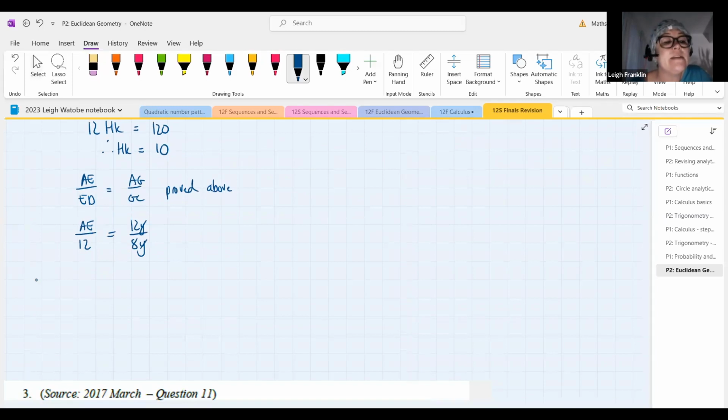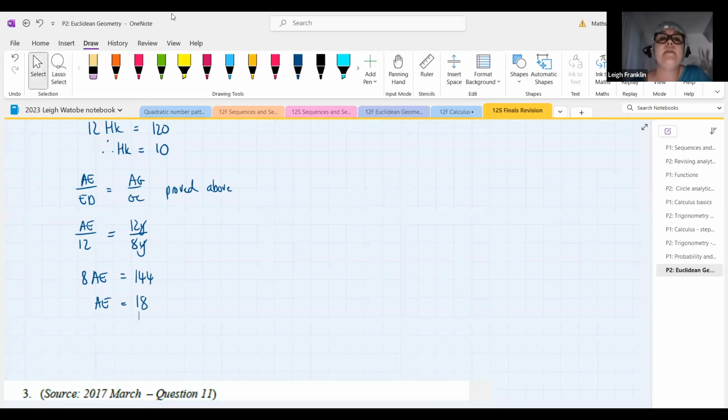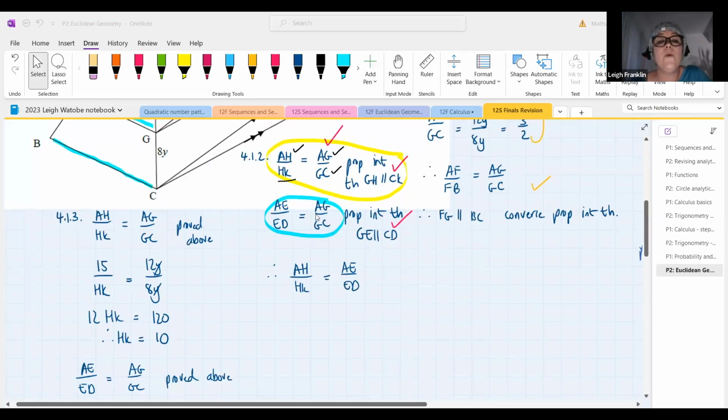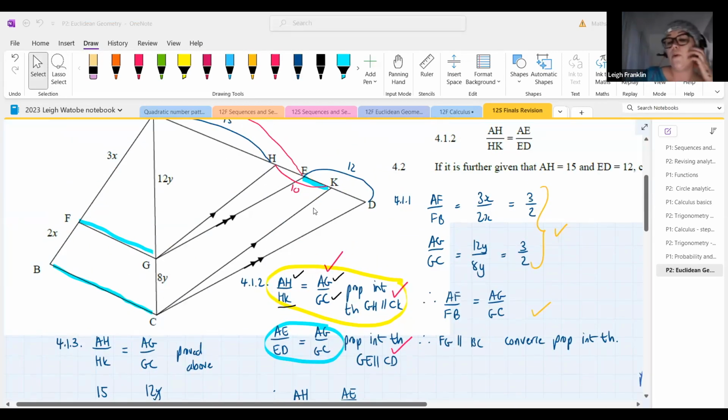So that gives us 8AE is equal to 12 times 12, which is 144. So that means that AE will be equal to 18. Does that make sense to everybody? So we're just using what we've already established in question 4.1.2, and we're subbing in there.